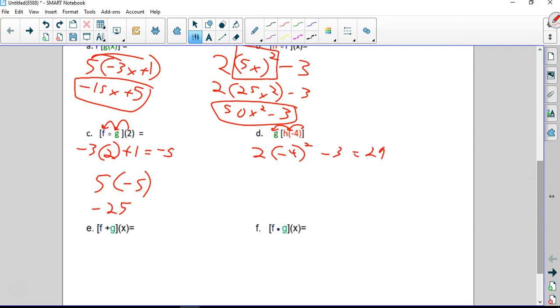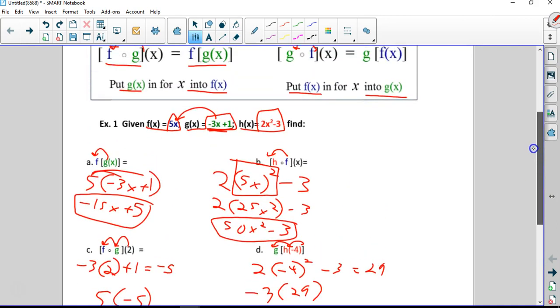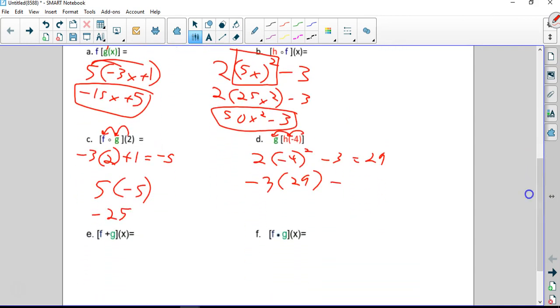Now I'm going to take that 29 and put it into g, which is negative 3x plus 1. So I do negative 3 times 29, which is negative 87, plus 1 is negative 86.